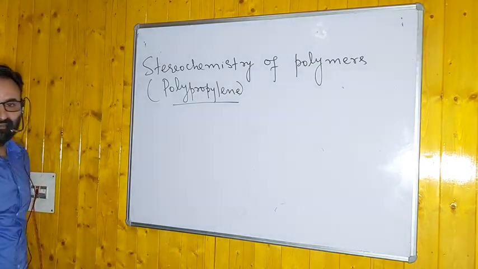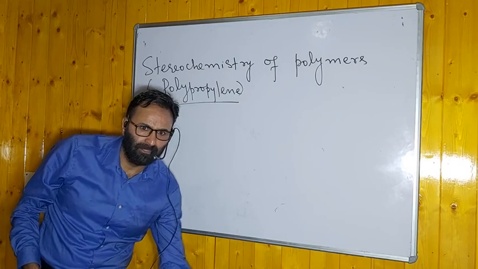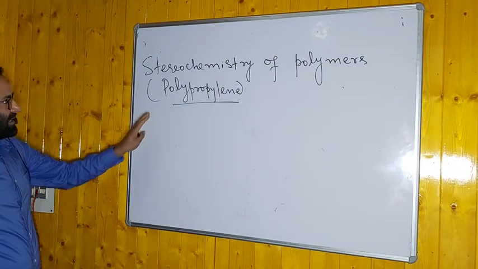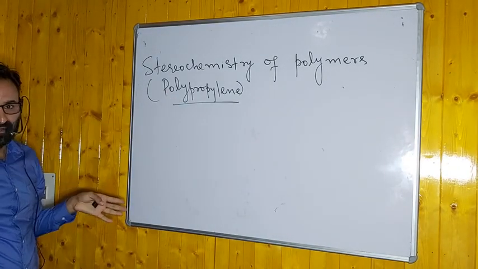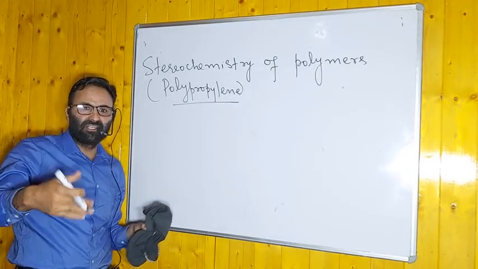Stereochemistry is the arrangement of atoms or groups in space. Remember this point. We will discuss it by taking the example of propylene.